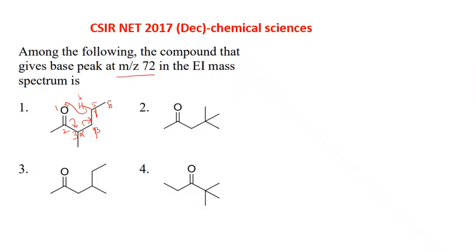So compound 1, under mass conditions, will have formed a radical cation. So 1 will give this becomes OH, and this becomes a double bond, and the rest of the substrate is there, plus we will have an olefin. So this will be our radical cation. Let's calculate the mass. How many carbons do we have? 1, 2, 3, 4.